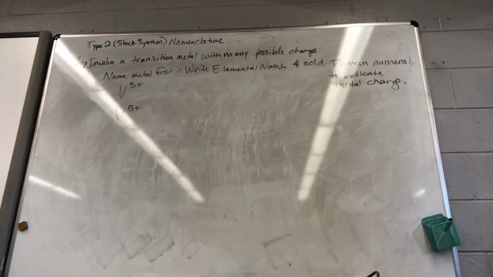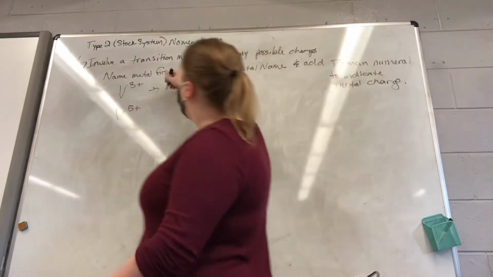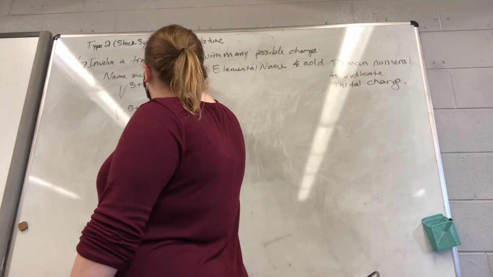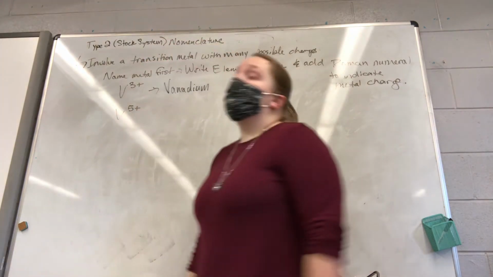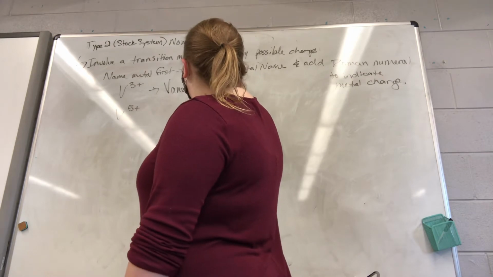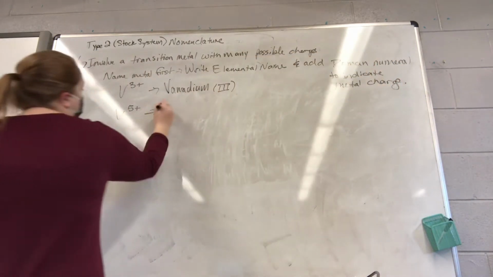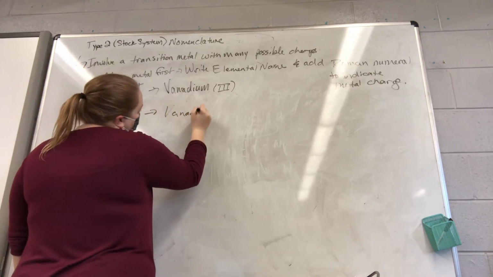So for something like vanadium, 3+. When we name the metal, we're going to write out the name from the periodic table. Then we're going to indicate the charge of the metal with a Roman numeral. The reason we do this is because it can have multiple charges.